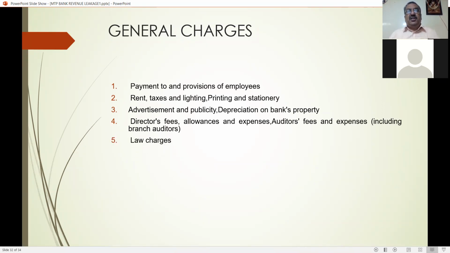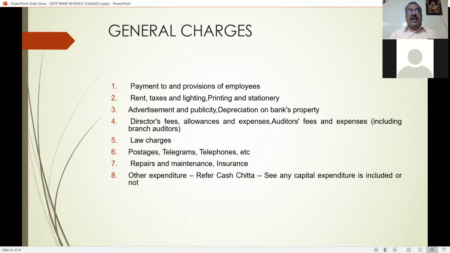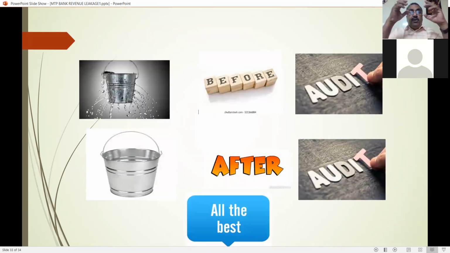Director fees and allowances, law charges, postage and telegrams, all these are debits of the P&L account. So, suppose we are going as a revenue auditor, you have to plug all the holes.